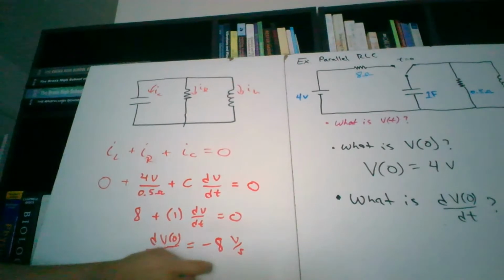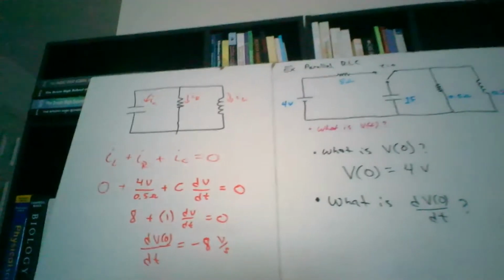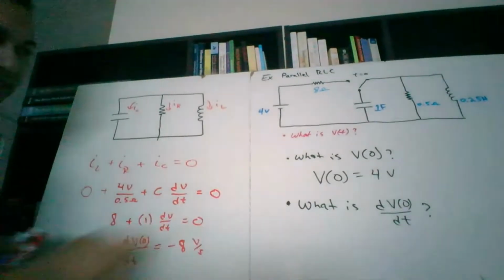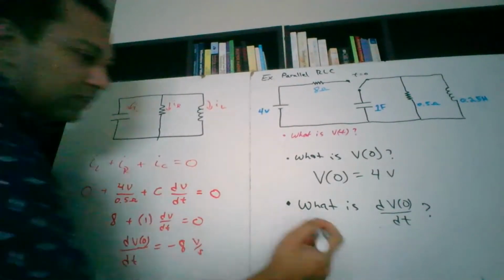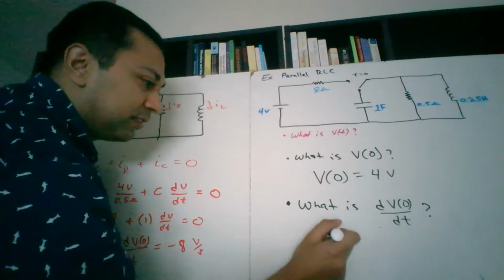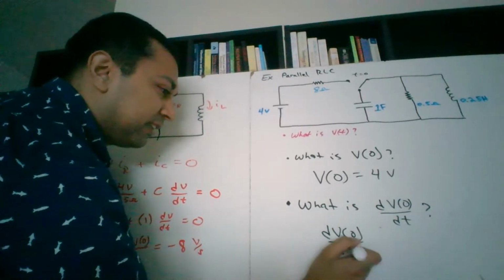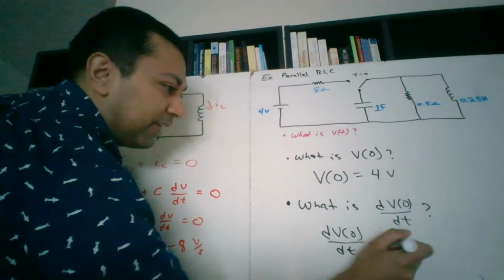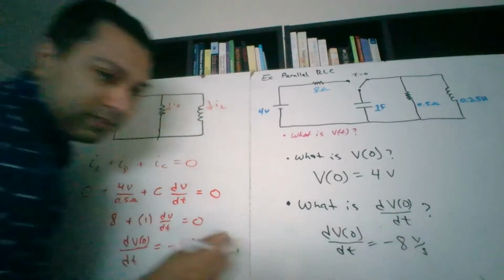And that is our boundary condition. So the question was, what is dV dt? dV at 0 over dt is going to equal negative 8 volts per second.